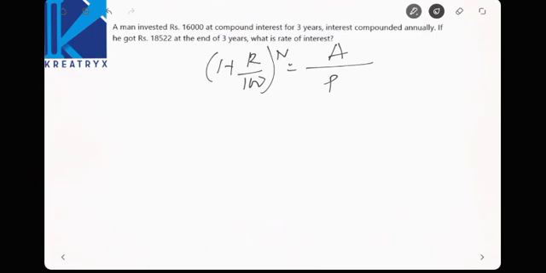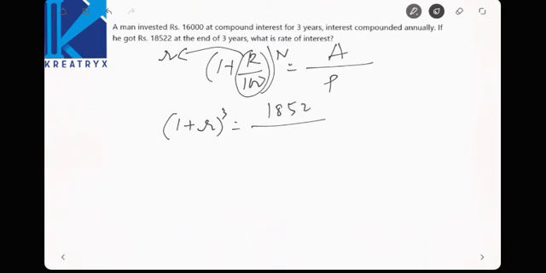Now what is the amount here? Let us consider r by 100 as small r. Now 1 plus r whole cube is equal to 18522 by 16,000.